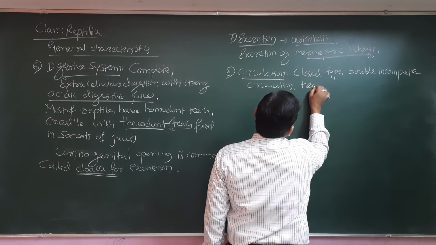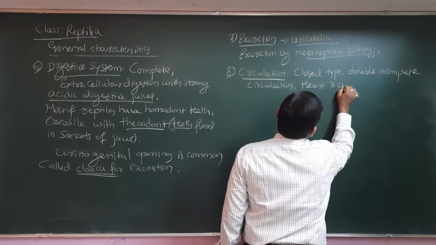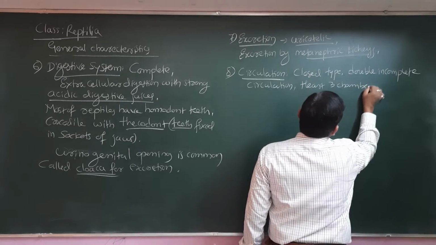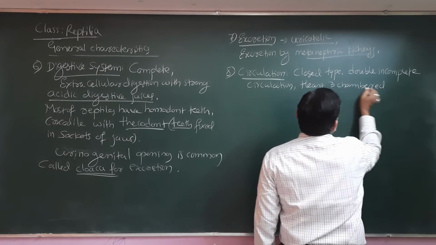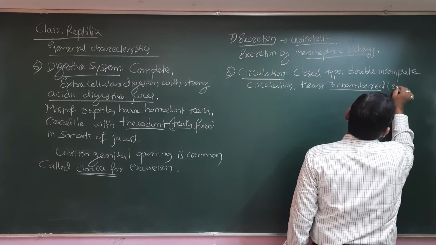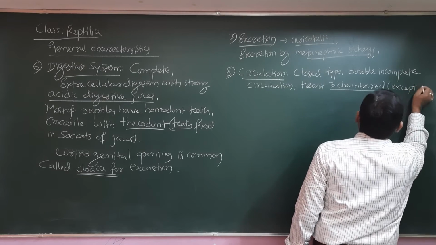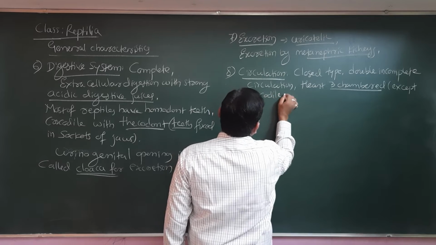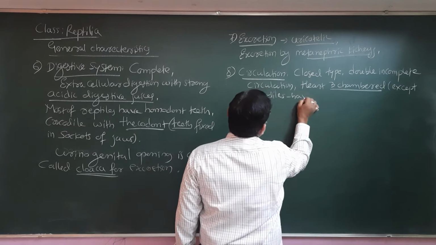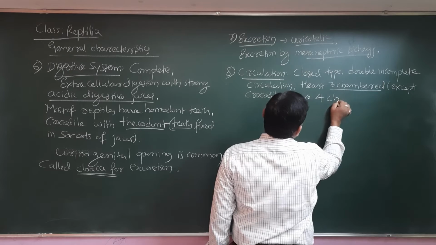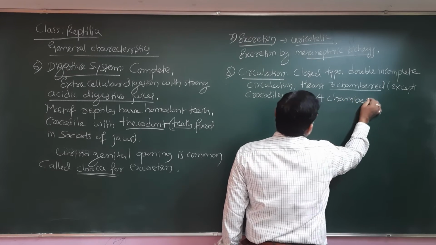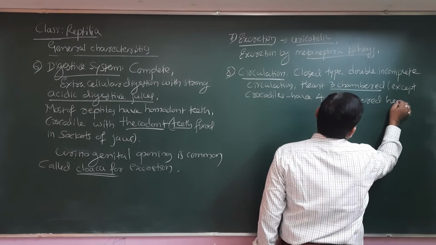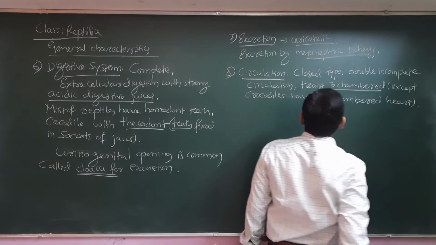The heart is 3-chambered, meaning two auricles and one ventricle, except in crocodiles. Crocodiles have a 4-chambered heart.